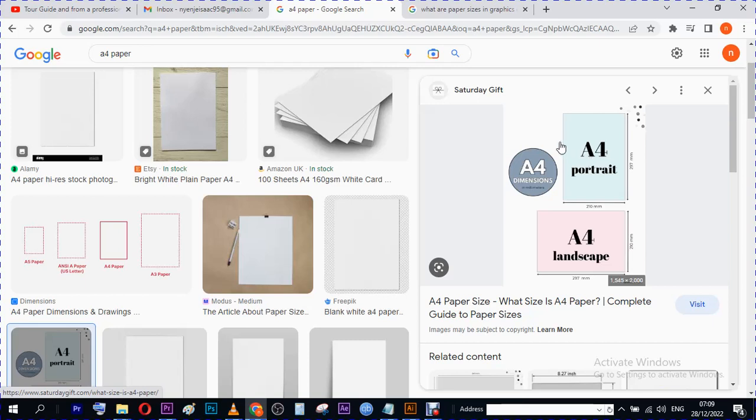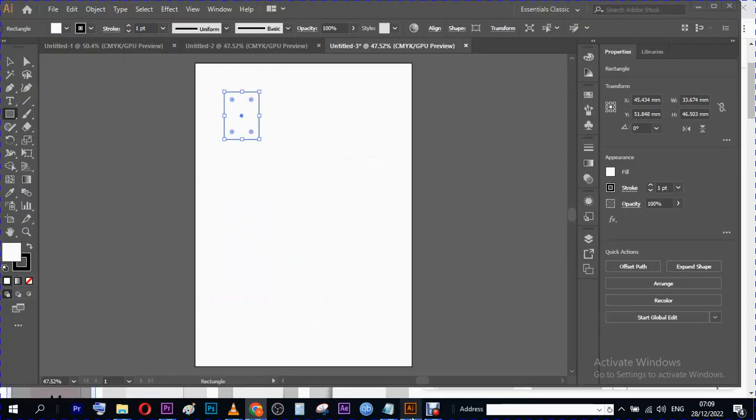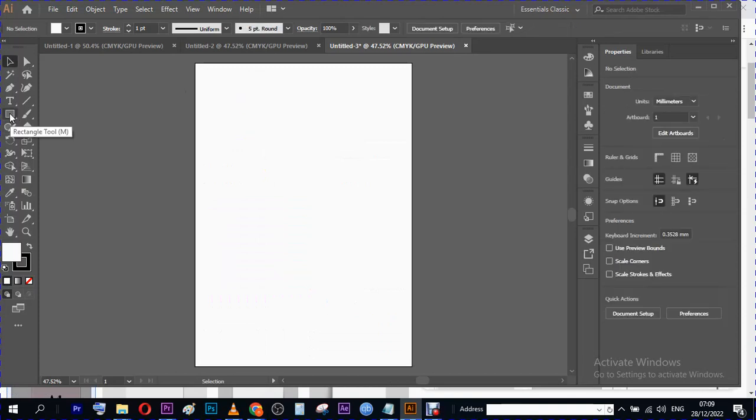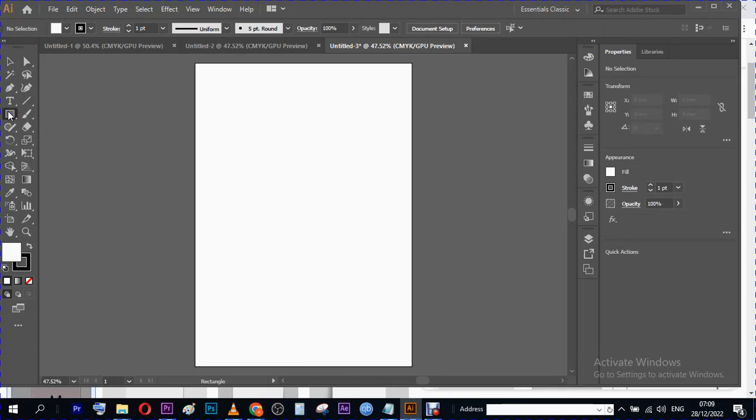So if we go back to our design, let us open one of the softwares. Let me first delete this, then I come to the rectangle. We shall be looking at the softwares from the start, but I'm showing you something using these softwares, and we shall get to understand them better.